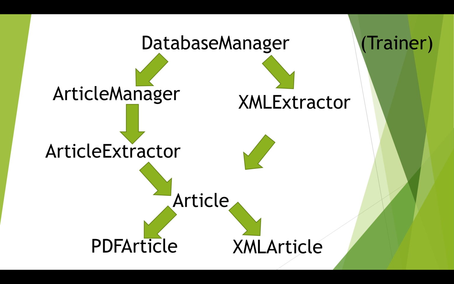The way that this is set up, everything is structured from a top-down approach. The article manager and XML extractor all inherit all of the database manager's methods. Article extractor inherits all of article manager's methods. And then down here, the PDF article and XML articles both inherit all of the article extractor and XML extractor methods.